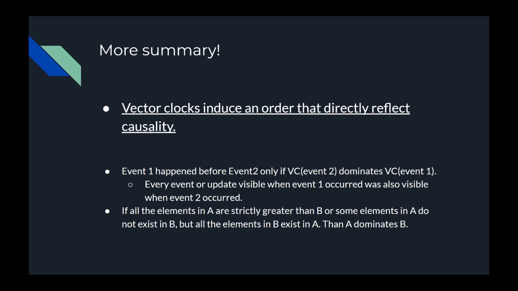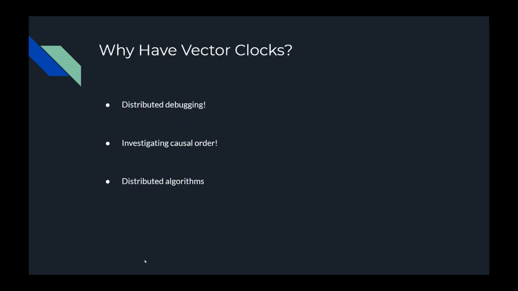If all elements in A are strictly greater than B, let's say in A we have 2, 2, 2 because there are 3 nodes, and B is 1, 1, 1, right? That would be an example if all elements in A are strictly greater than B, or some elements in A do not exist in B, so maybe B has just not even gotten them, but all elements in B exist in A. Then we have this domination, which gives us this causality ordering that is so great with vector clocks. That's a big takeaway here.